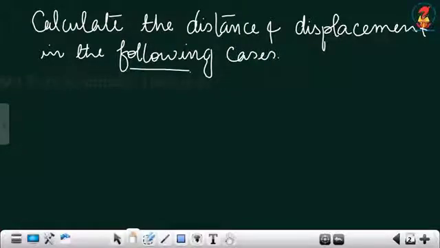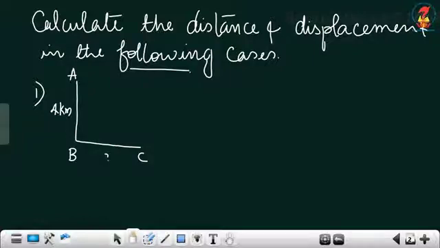In the following cases, what is the distance and displacement? First one, this one is 4 kilometer, this one is 3 kilometer. A diagram is given like this. Suppose a person starts from this point and reaches this point. Now, what is the distance and the displacement?